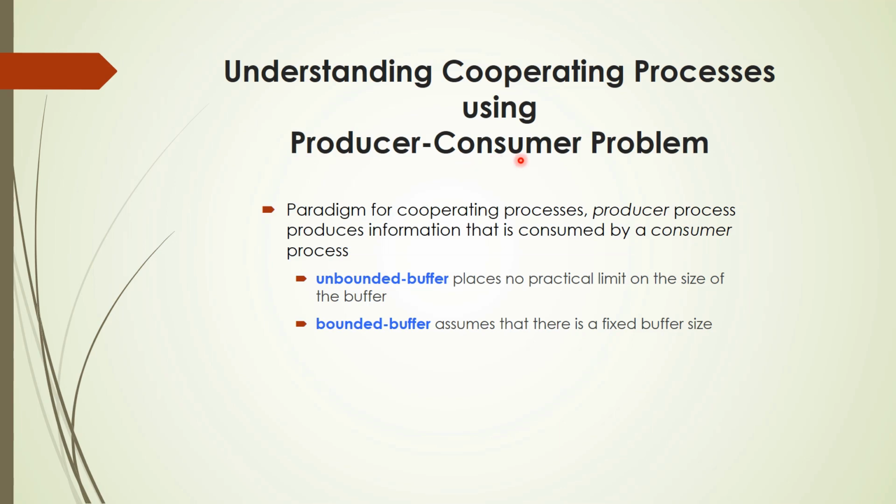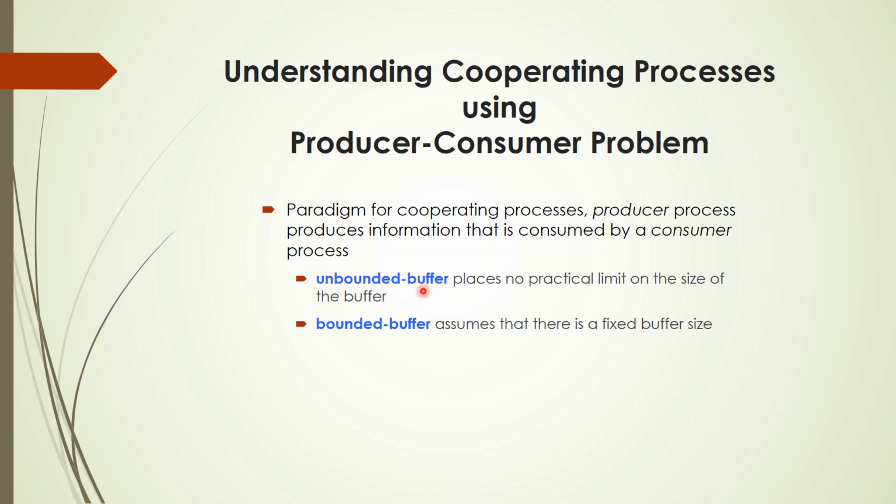So there must be synchronization or cooperation between the producer and consumer. Generally we have buffers for storing the information. The server produces information and stores it in the buffer, and the consumer reads from the buffer.